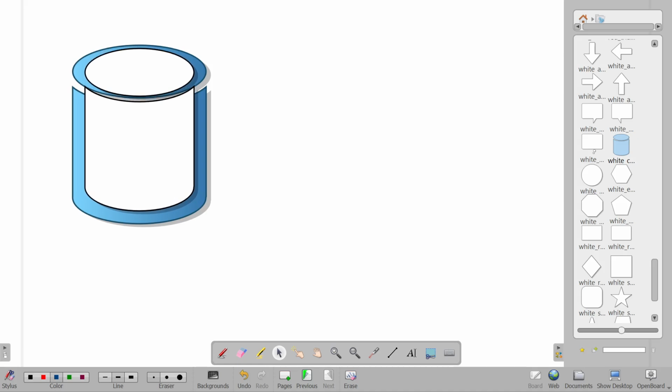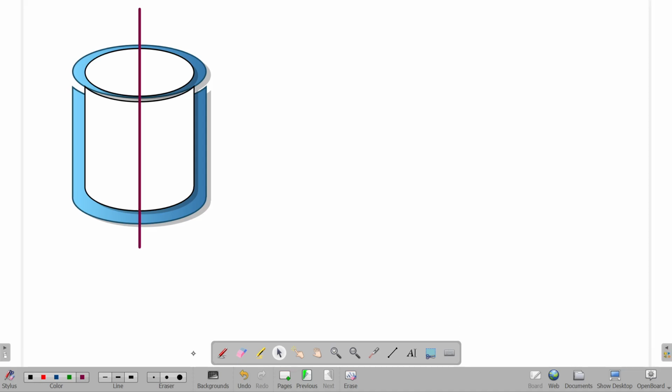Where inner radius is R1, outer radius is R2. Let's draw an axis. Clear? So inner radius is R1, outer radius is R2.